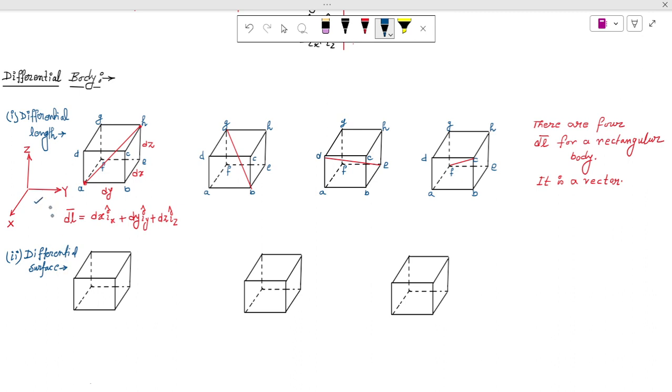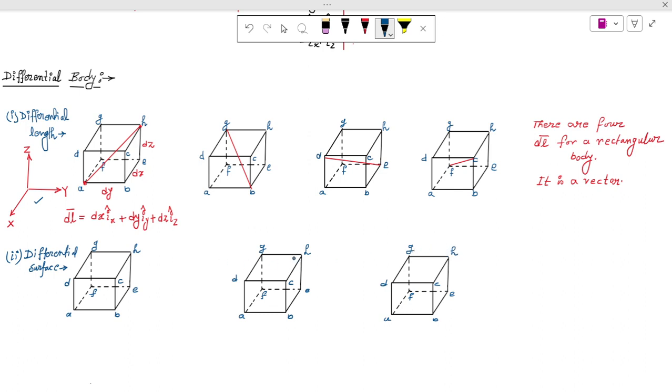This diagram is equally true here also, and here also you have to name it: A, B, C, D, E, F, G, H. Similarly in each picture, A, B, C, D, E, F, G, H.